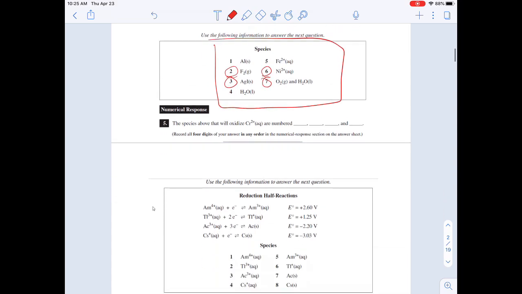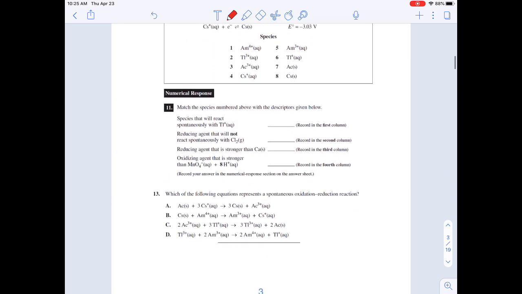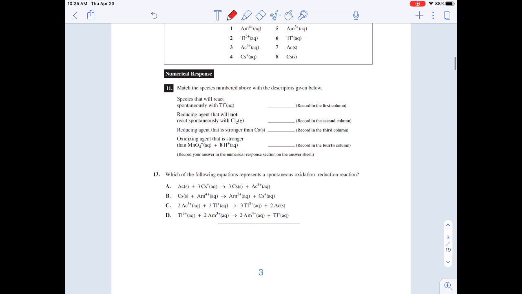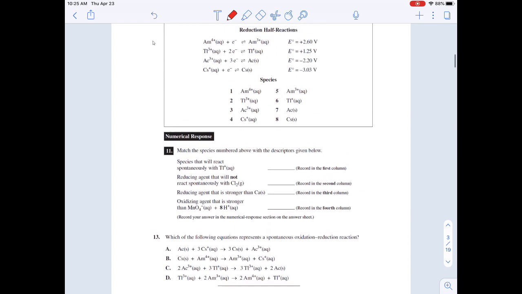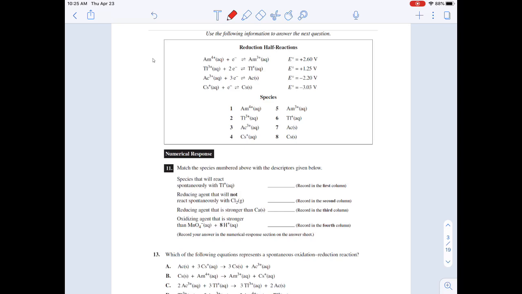We also had a question on page 4, question 11 here. It says, match the species numbered above with the descriptors given below. We've got the species here, and they've given us a reduction half reaction table.